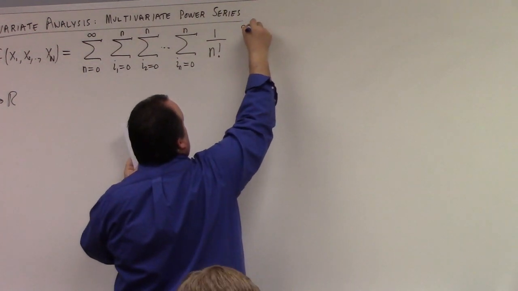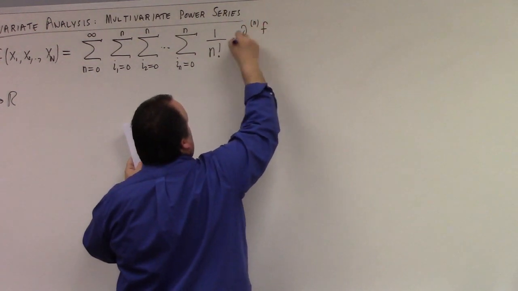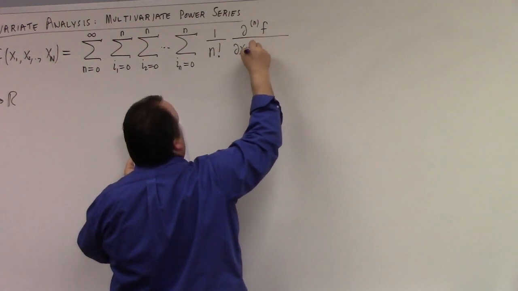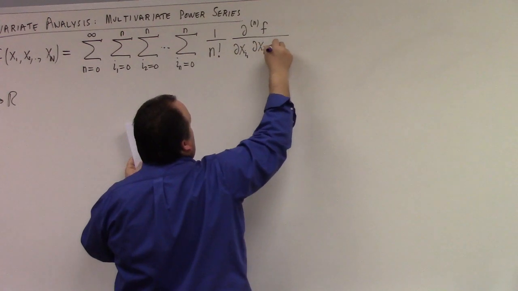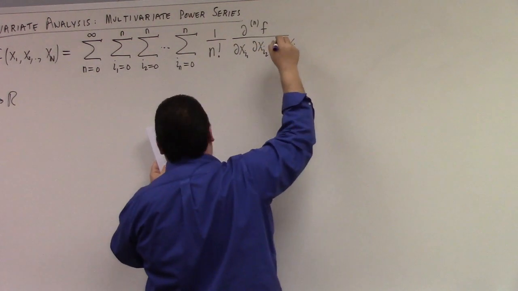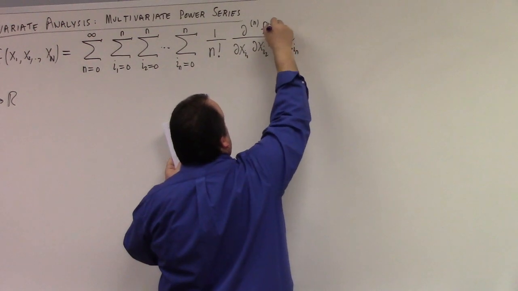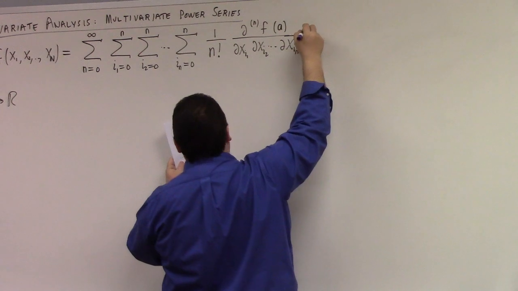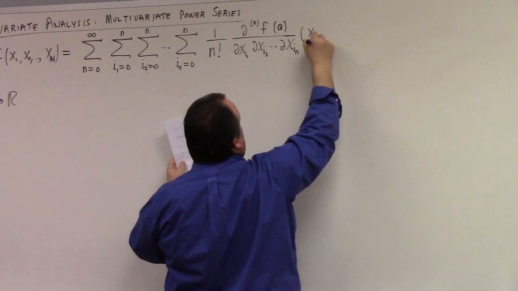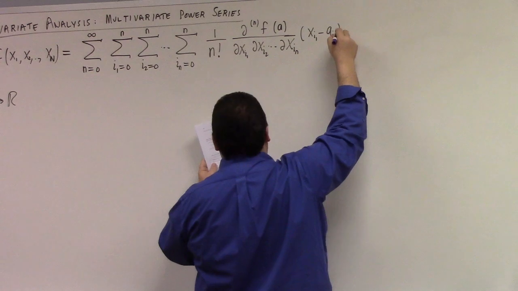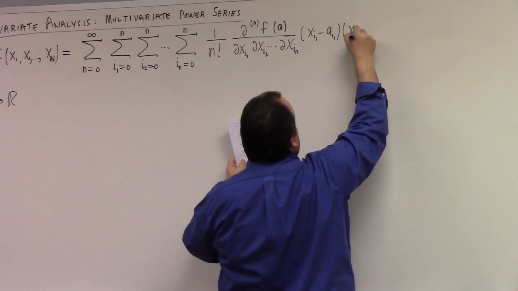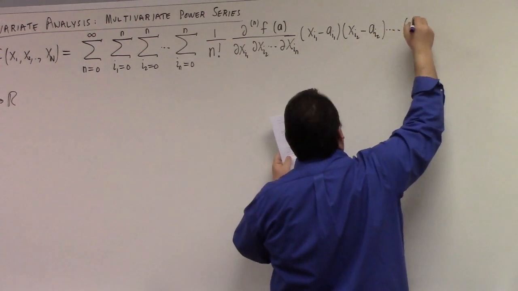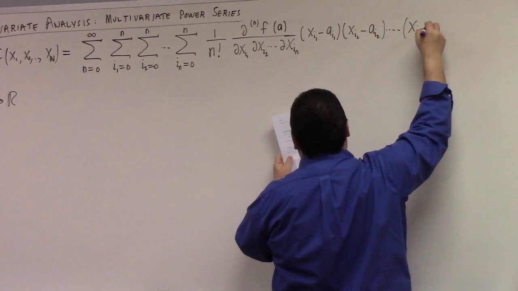Then the nth partial derivative of f with respect to the variables partial x_i1, partial x_i2, up to partial x_in. This is all evaluated at a, all right? And then times (x_i1 minus a_i1), (x_i2 minus a_i2), and so on. So what I have in the notes is almost as general as what I want.